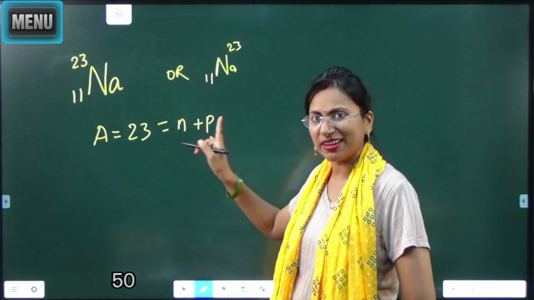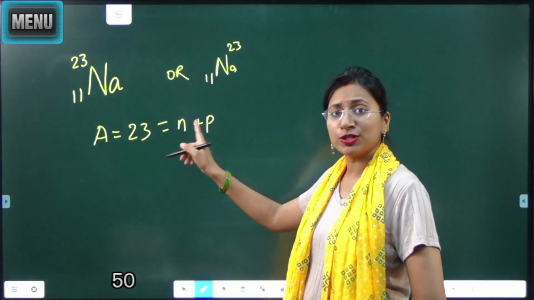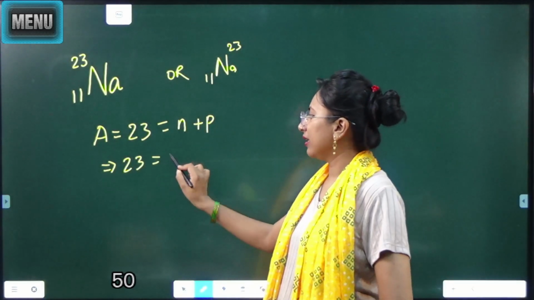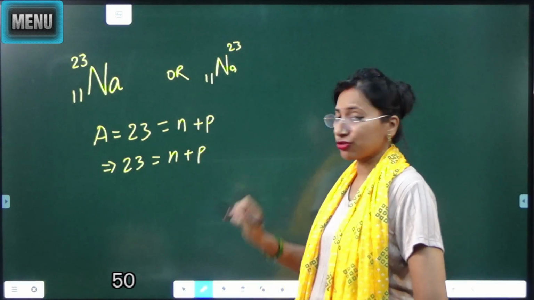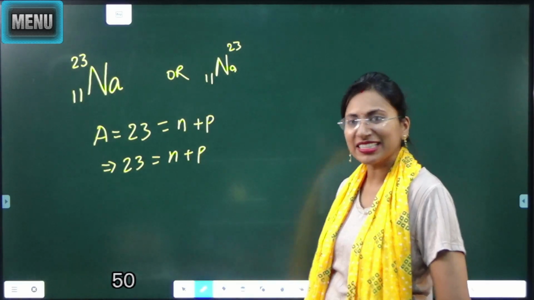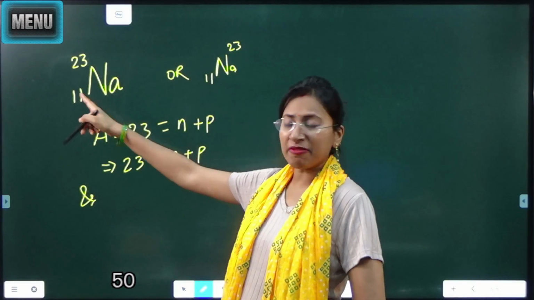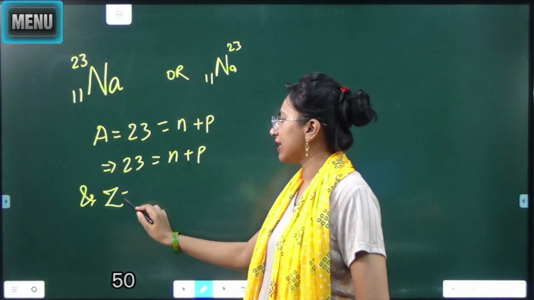So we can write 23 equals n plus p. What is this 23? It denotes the total number of neutrons plus the total number of protons. And at the same time, this 11 is equal to Z.